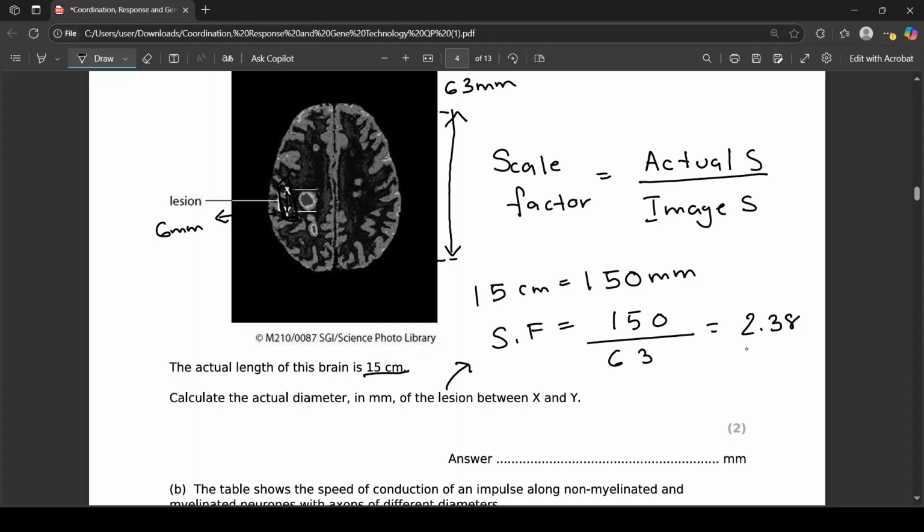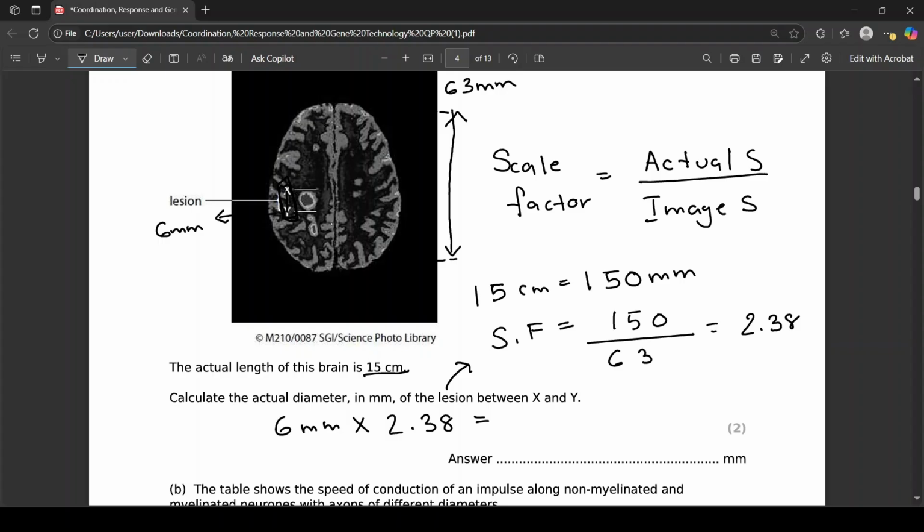The lesions appear to be 6 mm apart on the image, right? So the actual distance between X and Y is basically 6 mm times 2.38, because everything we see on the MRI scan and everything in real life has a scale factor of 2.38.